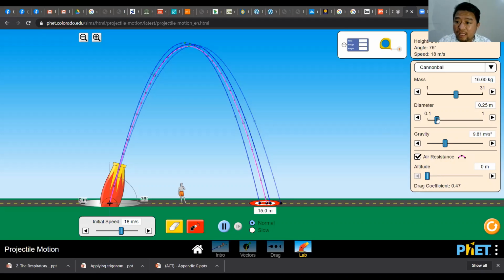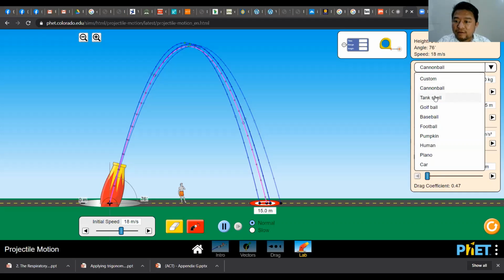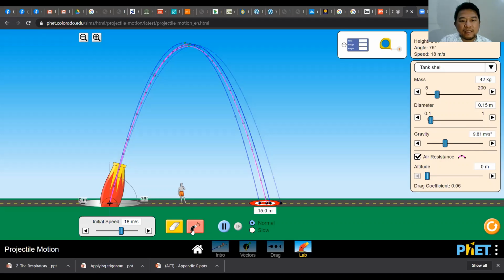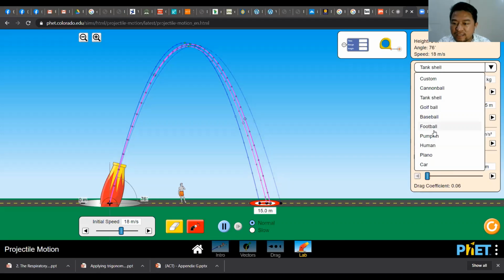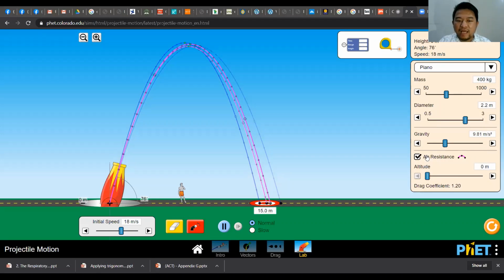You can again consider other projectiles here, and see, oops, there, that shell, or let's consider a piano. There. Whoa. Or change some other variables that you can see in this presentation.